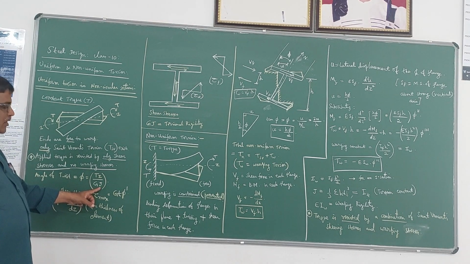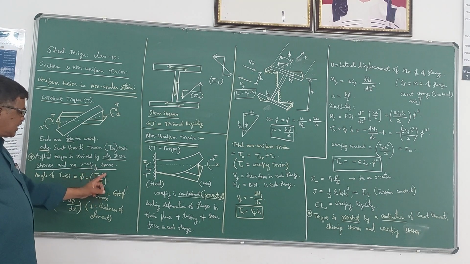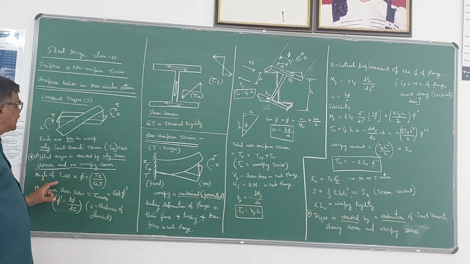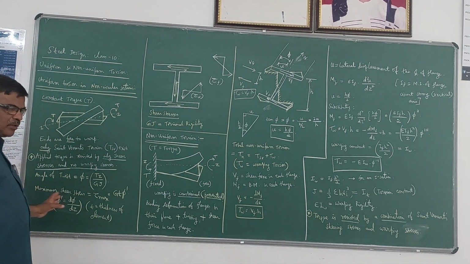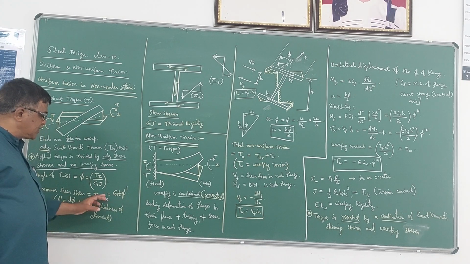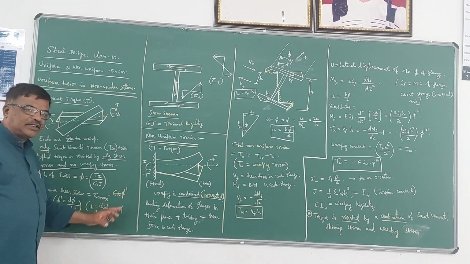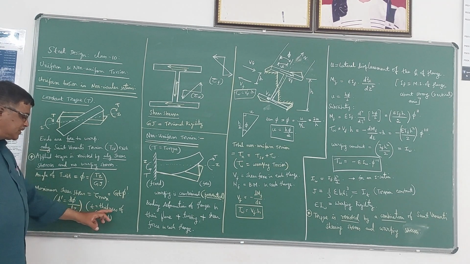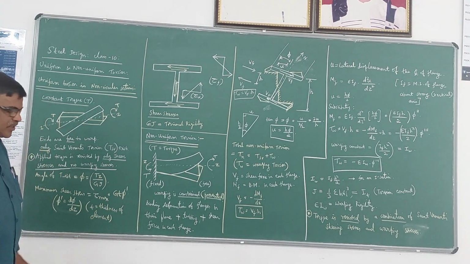This is the expression used to calculate the angle of twist in such a case. And the maximum shear stress, tau maximum, is given by G t phi dash, where phi dash is d phi by dz, and t is the thickness of the element under consideration.